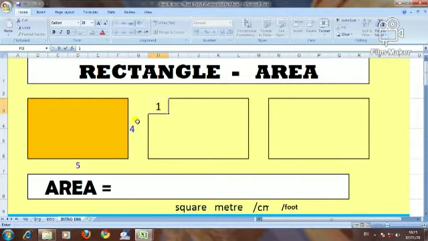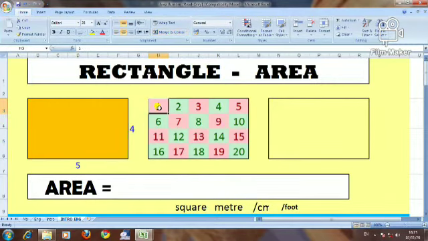Here we enter 1. See, the entire rectangle is divided into 20 squares. Each of them is a square. In the first row we can see lengthwise 5 squares. Then likewise 4 lines are here.